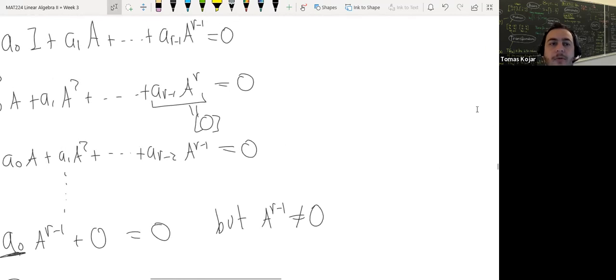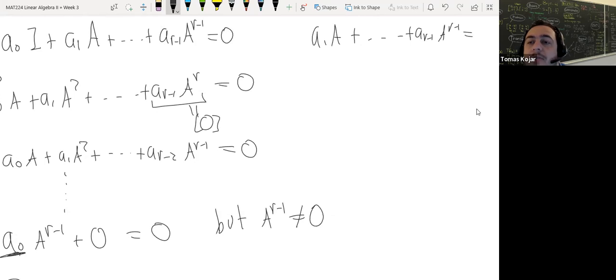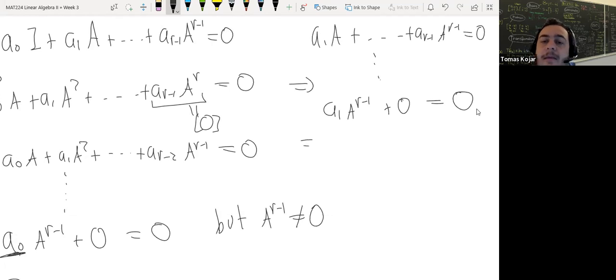So now that you get the first coefficient to be 0, you play this game again. You have now a_1 A plus ... plus a_{r-1} A^{r-1} equaling 0. And you play this game again to get a_1 A^{r-2} plus zero matrices to be 0. We know that A^{r-2} is not 0, and so we get that a_1 is 0.